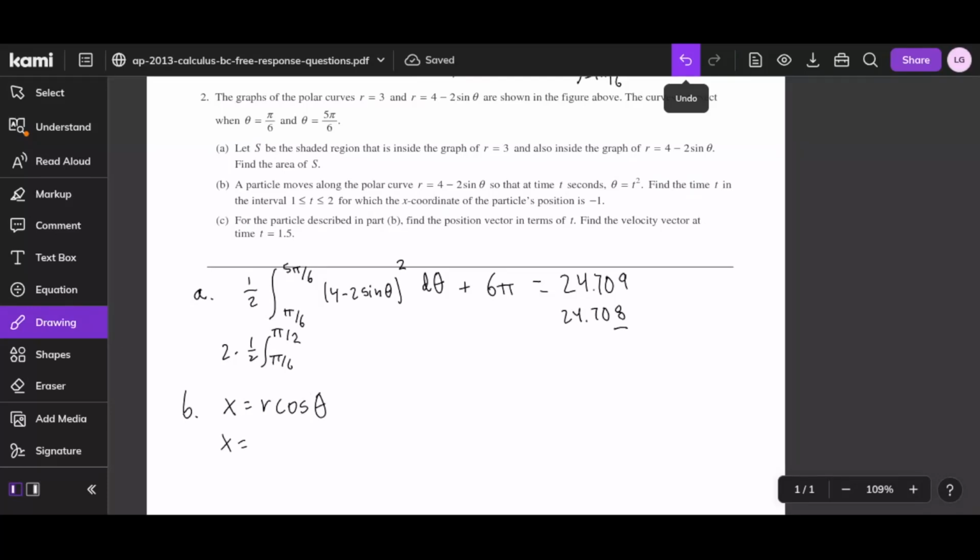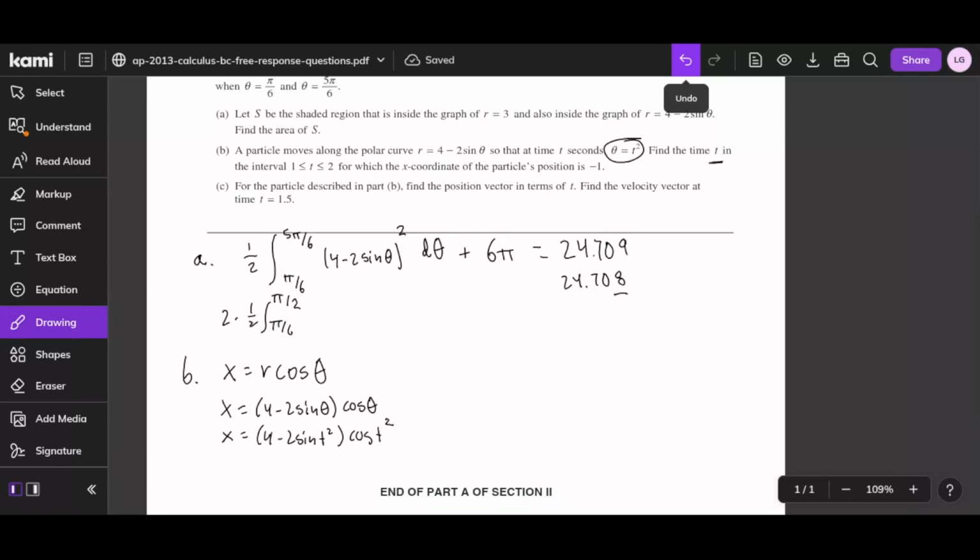So x equals 4 minus 2 sine theta times cosine theta. And we also need to change the theta to t squared because they're looking for the time. So x equals 4 minus 2 sine of t squared times cosine of t squared.